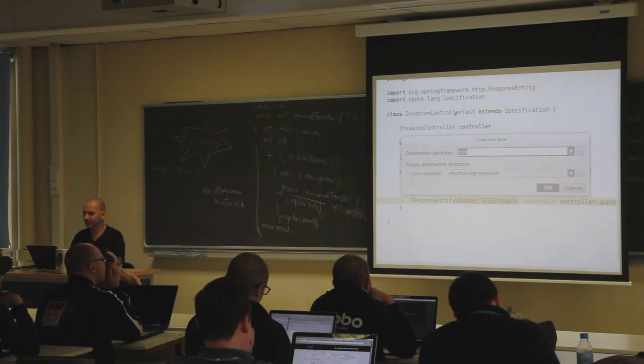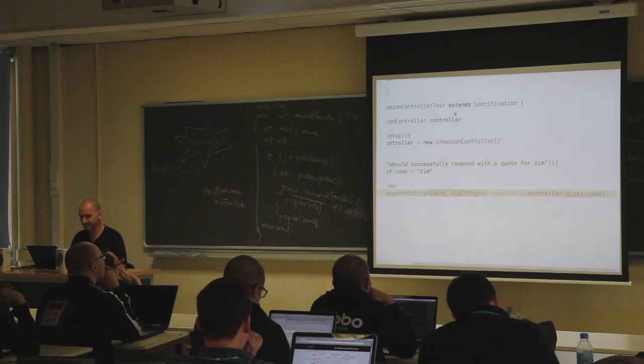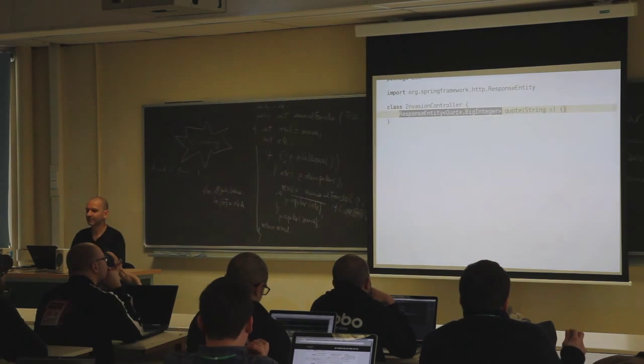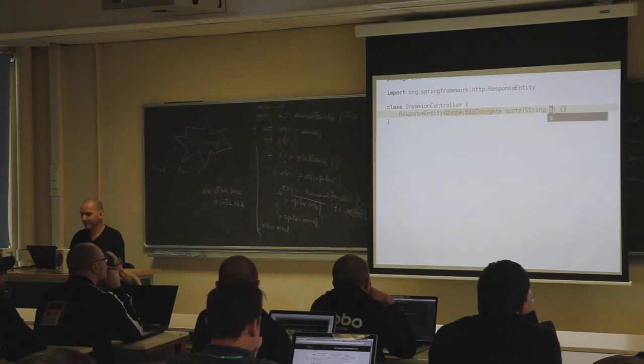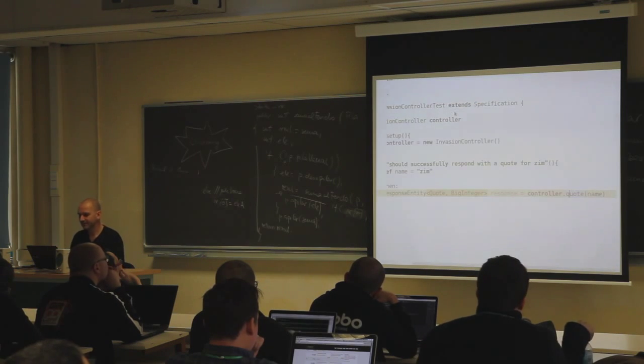We're going to just pop that into source main Groovy. There we go. And we don't have a quote method on the controller, so let's create a quote method. There we have it, it takes in a string of name. So there's the beginning of our controller.